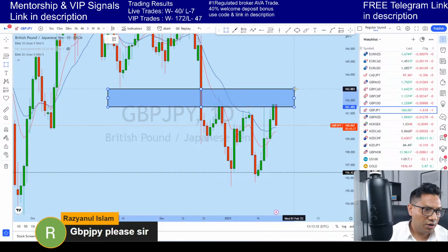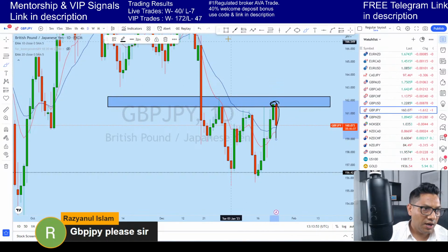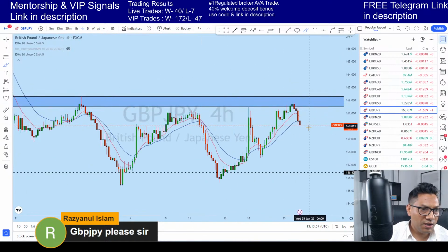It's the daily chart on GBP JPY, and there is a resistance here with this long wick candle, and also there is a resistance here. So you see that in that zone there is strong liquidity in this area, and from that liquidity we have seen the price penetrate and then reject. So this is one probability for GBP JPY.